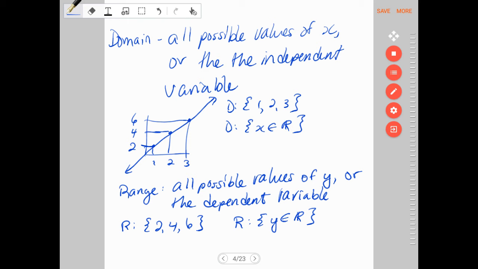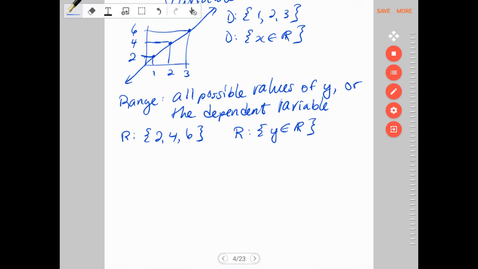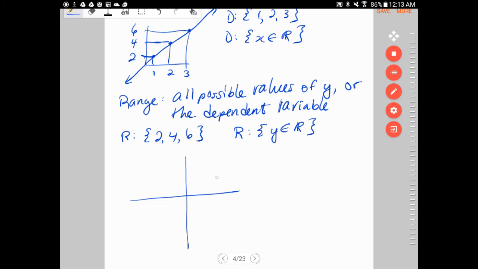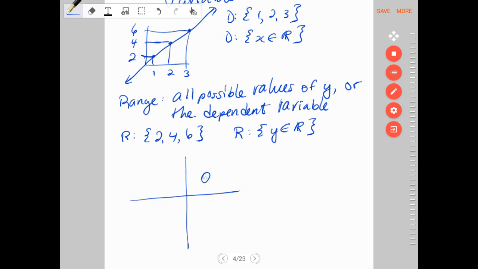Now, in some of these graphs, you may have to take a look at their end behavior. To know a little bit about end behavior requires you to know about your quadrants. So, back in junior high, you probably learned that we start in the positive x, positive y coordinates.